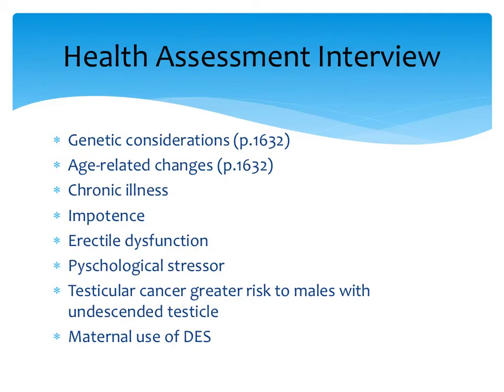You do have changes in the prostate gland where there's usually older men who have some type of benign prostatic hyperplasia, so they usually have some type of enlarged prostate, but it's not an indication of prostate cancer. Other things that can come up is you have patients with chronic illnesses, such as diabetes and renal failure, that can cause issues in regards to male reproductive.